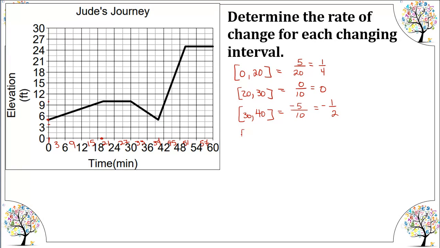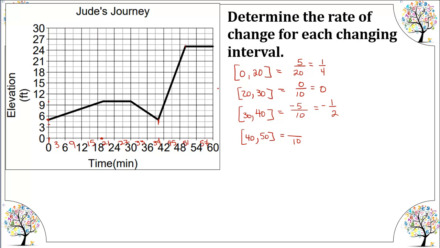Now let's look at this interval from 40. So from here to here, that's going to be 50. So from 40 to 50, he is going from 5. So from 5 up to here, which looks like about 25.